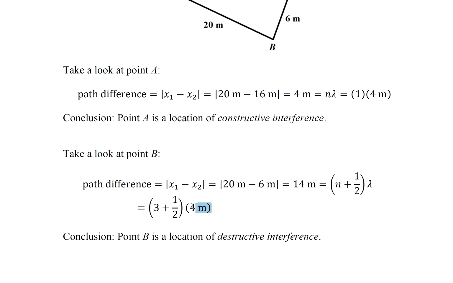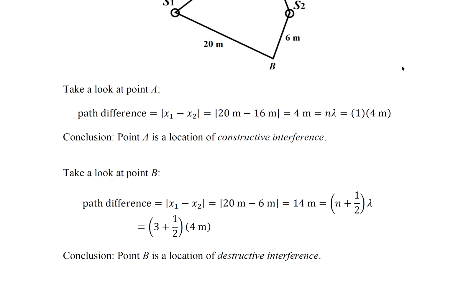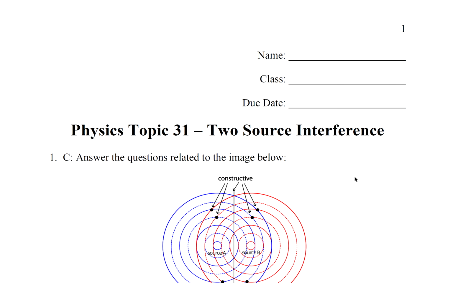So if you put a 4 and then we multiply it by 3 plus 1/2, we get 14. So point B is a location of destructive interference. So that is two-source interference.